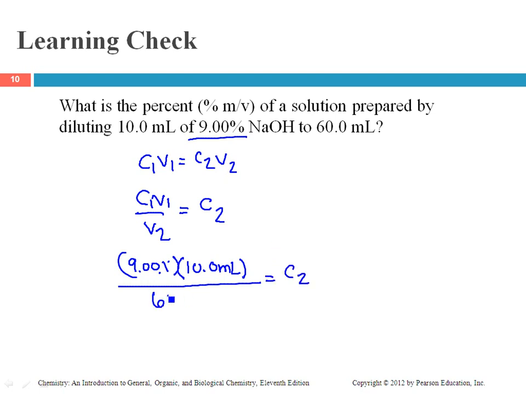And we have 60 milliliters as our V2. So when we do the math here, we should get about 1.50% mass volume of our NaOH solution.